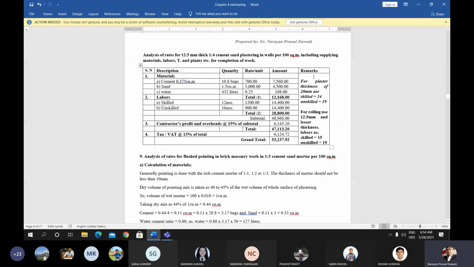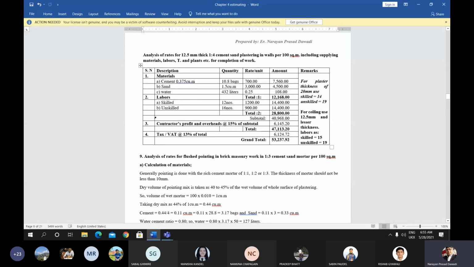This is for 100 square meter. Now the total cost for the labor will be 28,800 rupees by providing the rate of 1200 per number for skilled and 900 per number for unskilled.